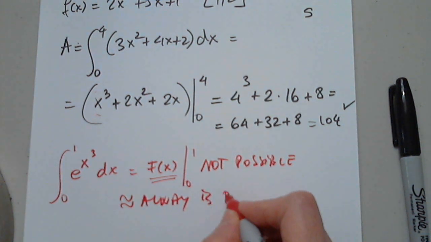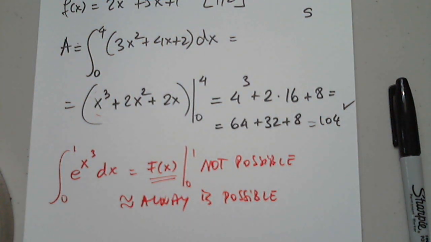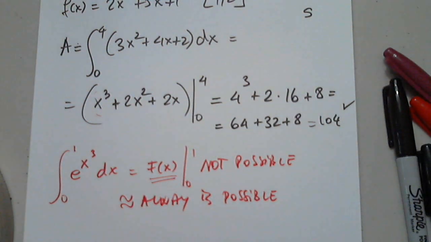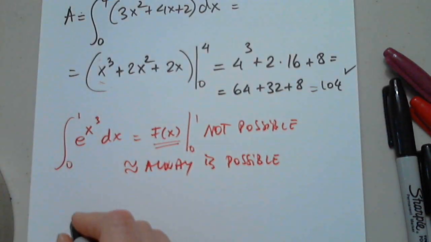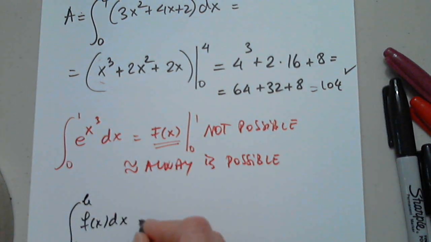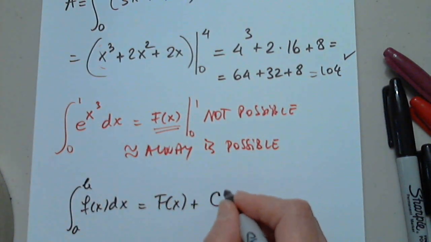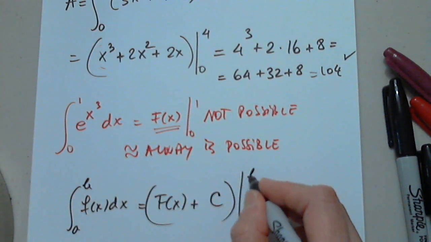I was wondering, what happened to the plus c? Okay, very good. So the integral of f of x dx from a to b is f of x plus a constant c from a to b.